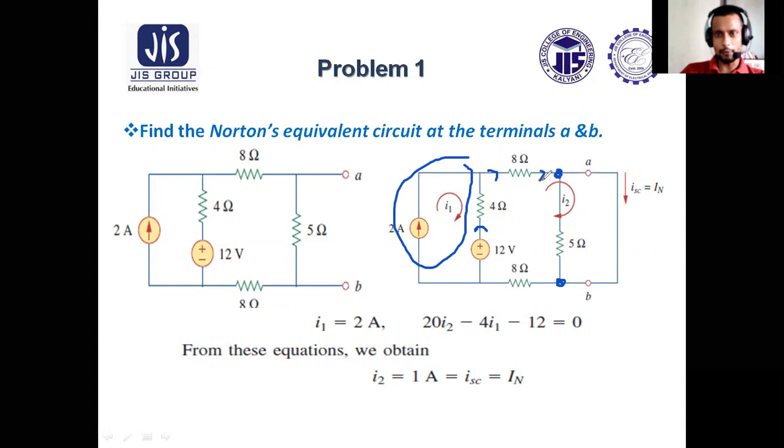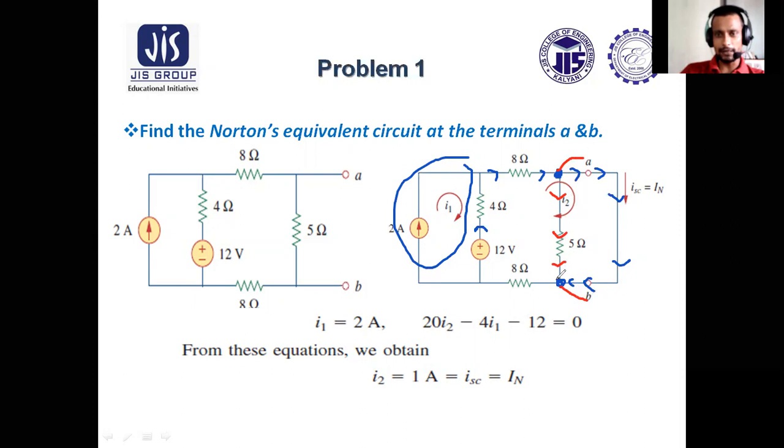When current comes to this point, current will get this path to flow, and current will get this path to flow. Now, this is A point, this is B point.